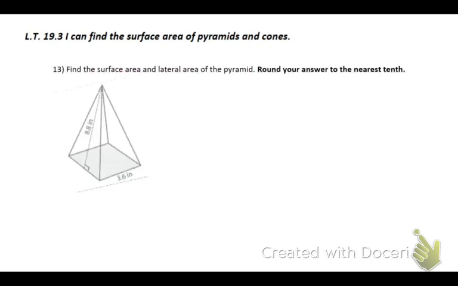Okay, pyramid. So formula for a pyramid. All right, what is that one? So we got lateral area. It should be the perimeter of the base times the slant height.